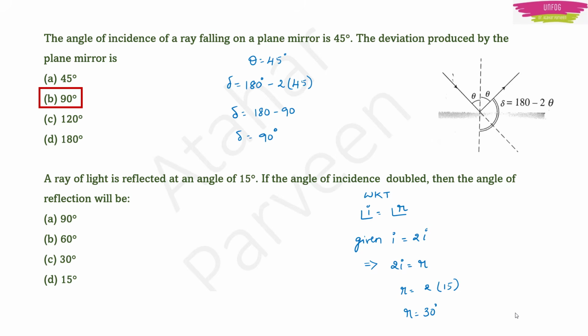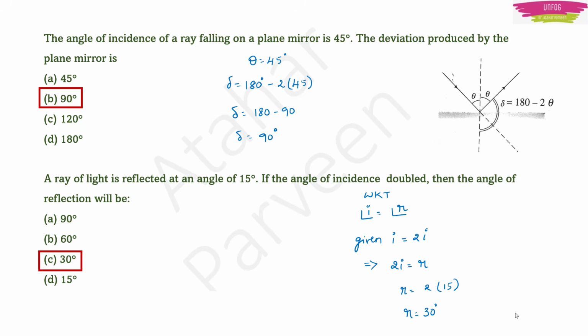So if the angle of incidence is doubled, then the angle of reflection will be equal to 2i in place of i, isn't it? We know that the angle of reflection is equal to the angle of incidence. Now the angle of incidence is doubled. So the angle of reflection will become 2 times the angle of incidence. With that we can find the angle of reflection, right? So here the angle given is 15 degree. So the reflected ray will be at an angle 2 times that 15 degree, or the answer will be 30 degree. Okay.